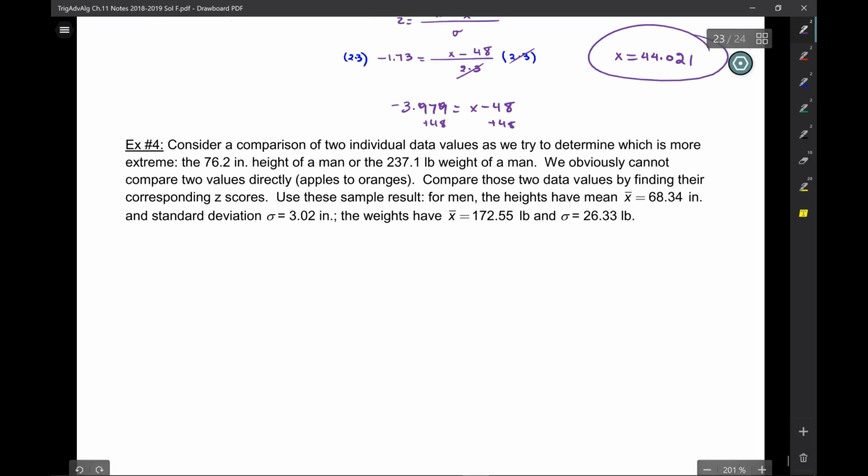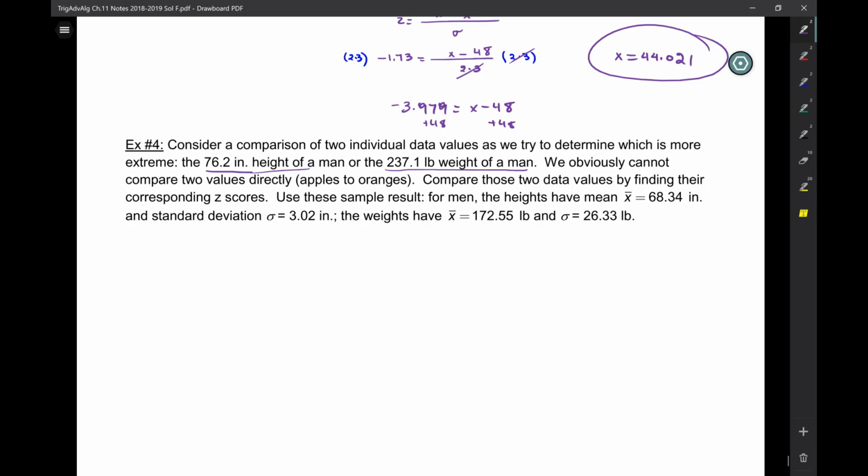All right, so look at this one. There is a comparison of two individual data values, and we're going to try to determine which is more extreme. One case is a 72-inch height of a man, or 237.1 pound weight of the man.